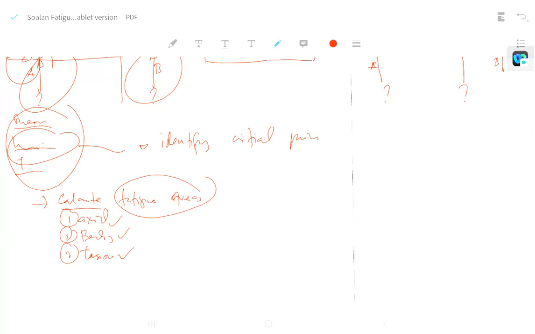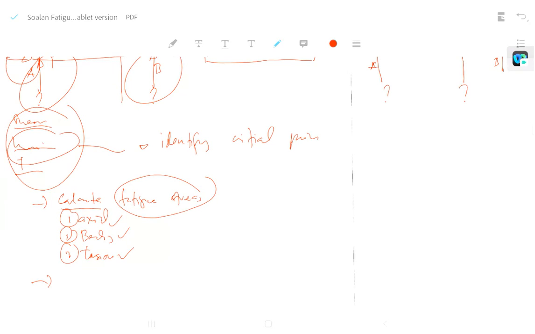Once you have calculated this, you may proceed, because on the shaft there are no discontinuities, no factors.